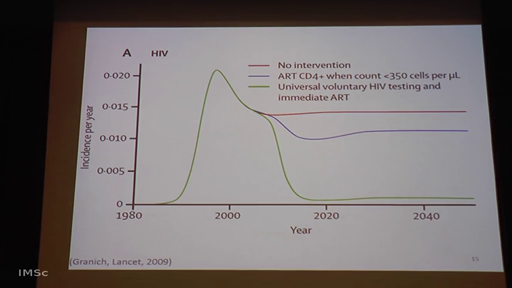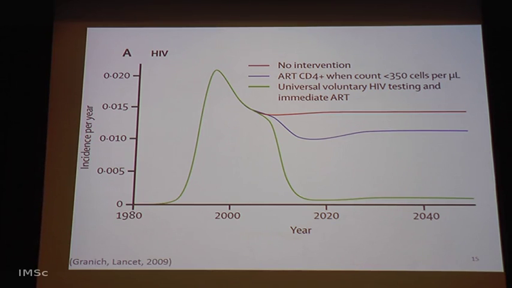So for those of you that don't know about HIV epidemiology, or the natural history of HIV, it affects your CD4 T cell count. This is an immunological marker. Most humans, depending on the country and the setting, have a CD4 count that's above 800 up to 1,000 possibly, or even higher.